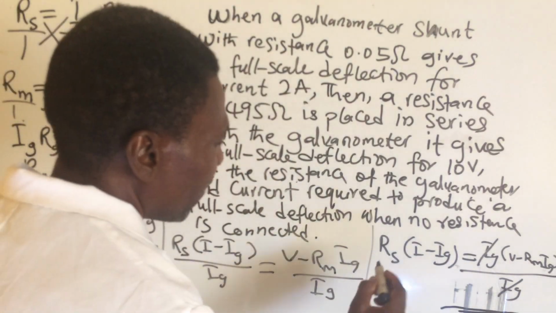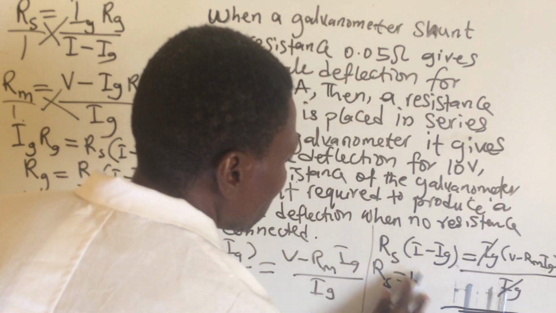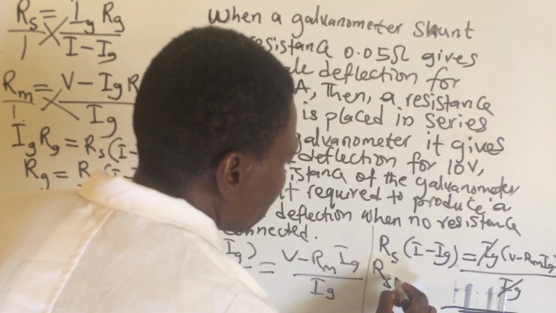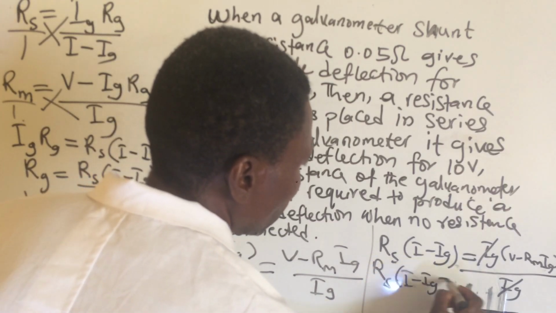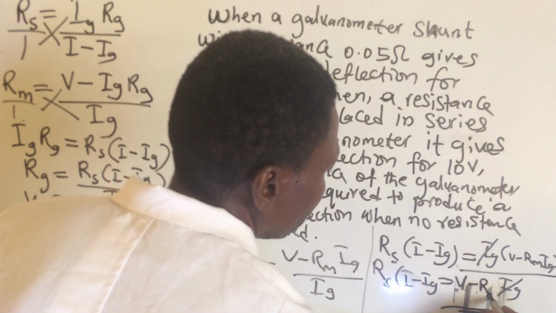We now have Rs in bracket I minus Ig equals V minus Rmig.